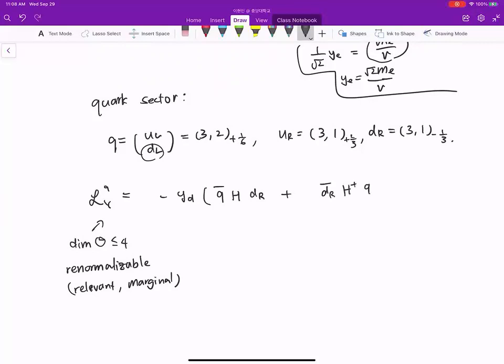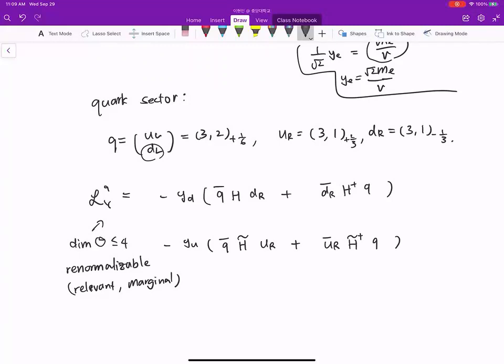Then y_u: for the up quark it's a little bit different, so you need to introduce a tilde. Also in this case we consider one generation only. If you have multiple generations, three generations, then you need to consider flavor indices too.